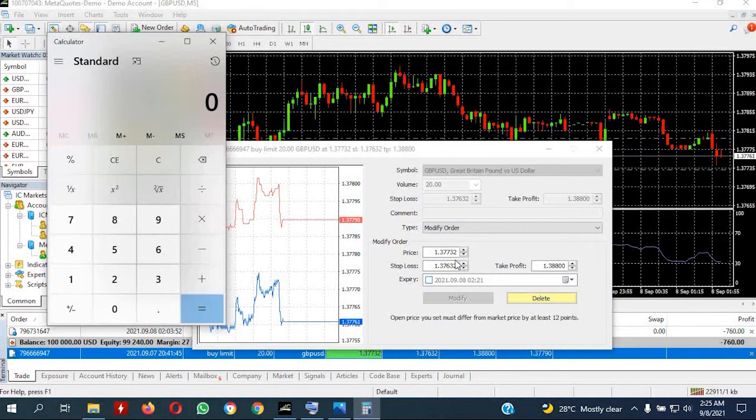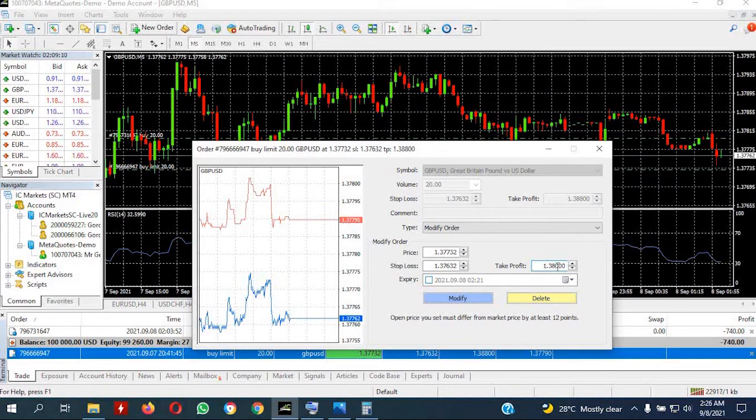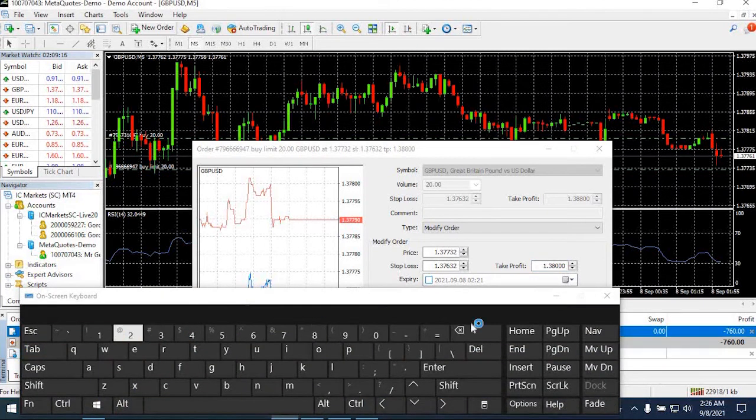So for this trade, the take profit would be 1.38032.